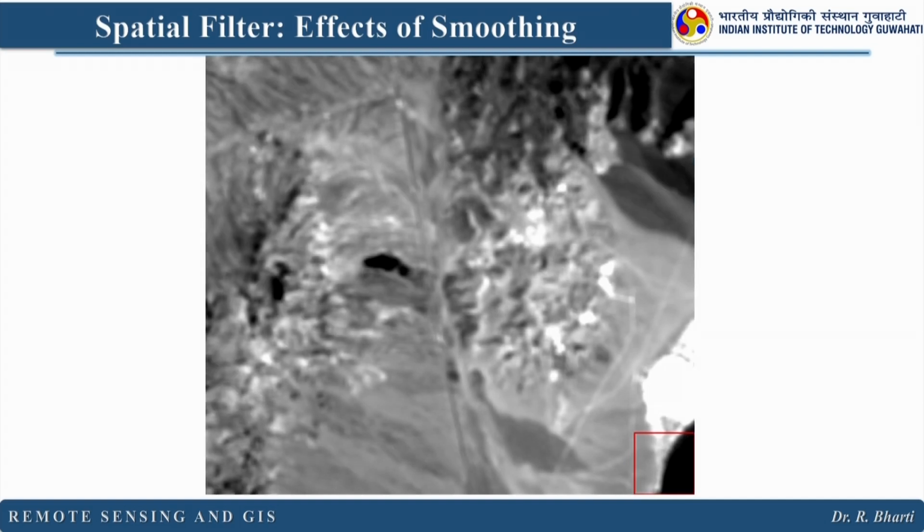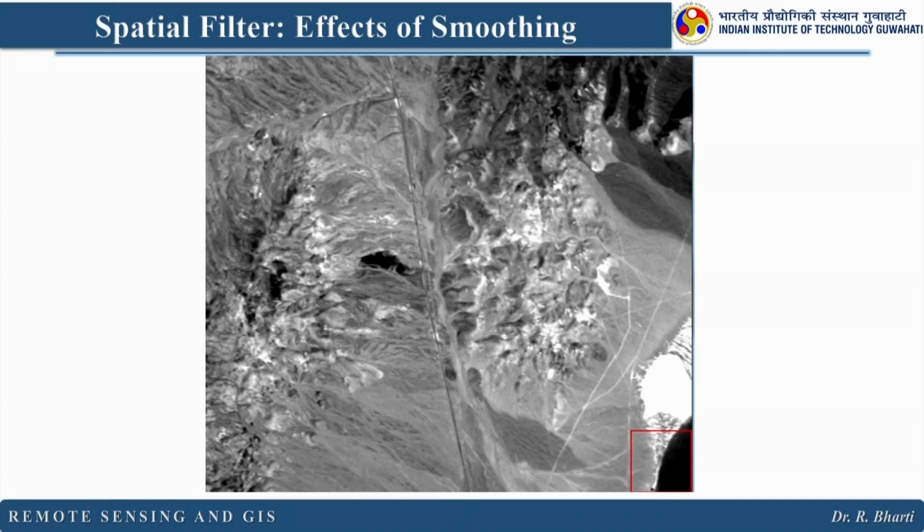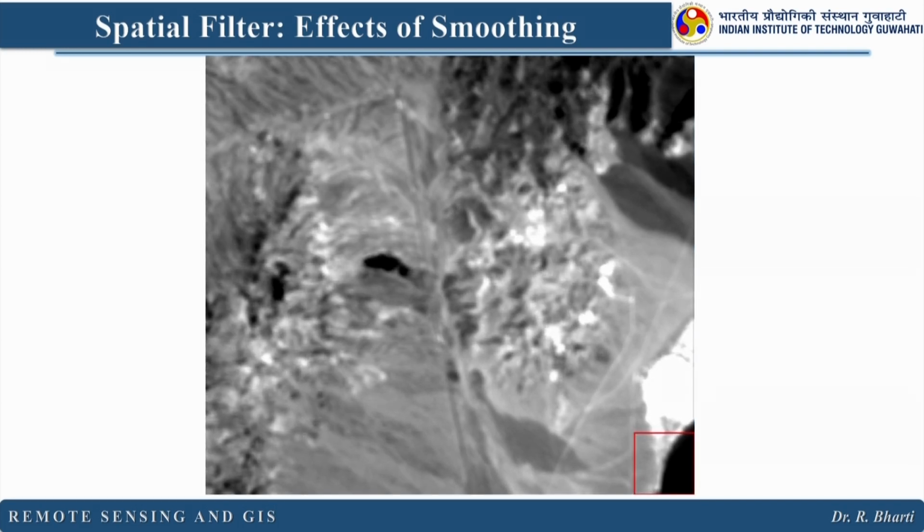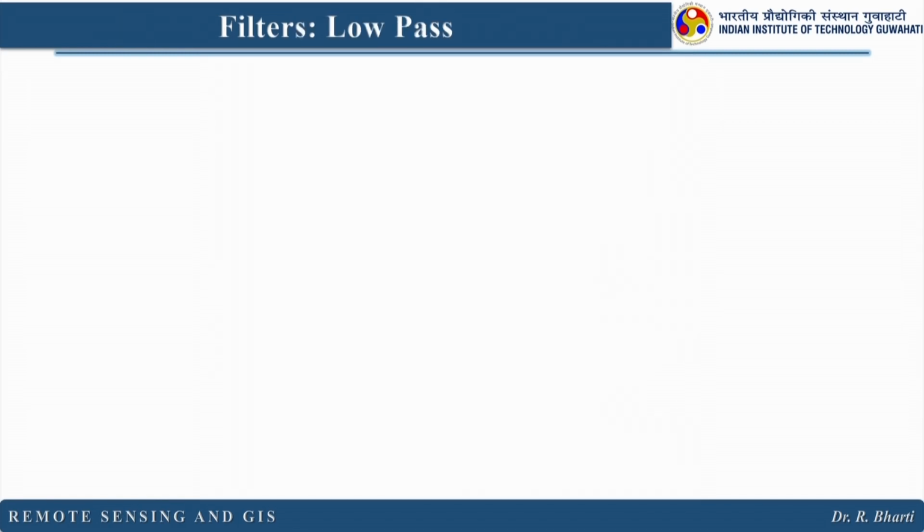So, here what is happening is basically we are losing the edges, right, and pixel intensity variations are getting reduced. So, when you have very little difference in the pixel values, what will happen? You will have a smoothing effect. This is evident from this particular image.